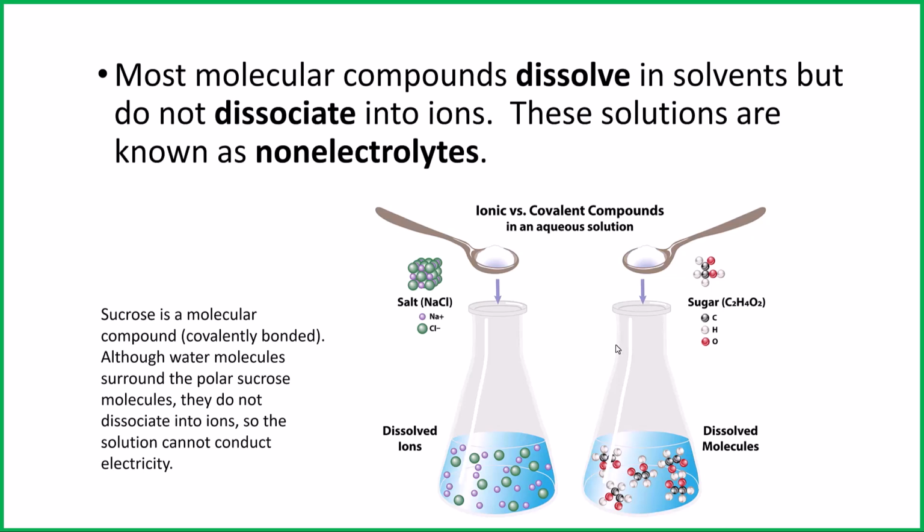Although water molecules surround the polar sucrose molecules, they do not dissociate into ions, so the solution cannot conduct electricity. So see how this ionic compound completely dissociates, and that allows electricity to be well conducted through the solution. But this one does not fully dissociate and so does not conduct electricity well.